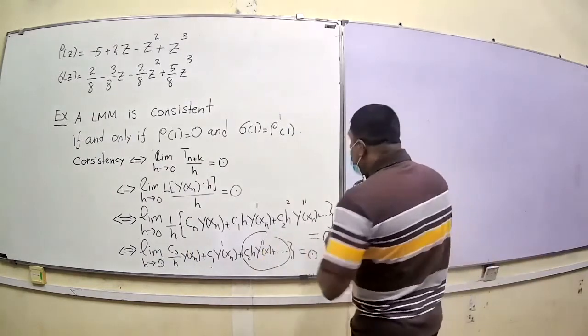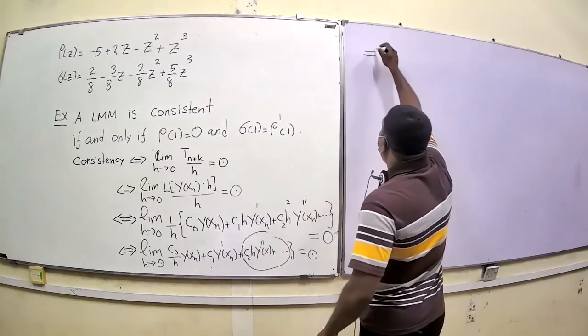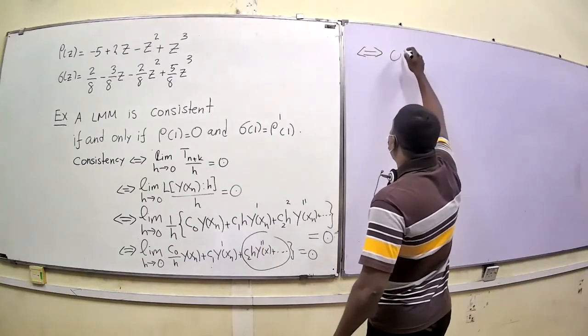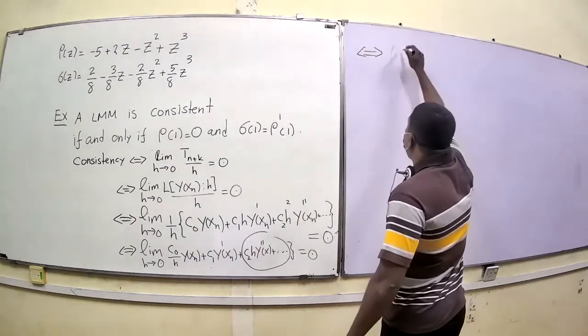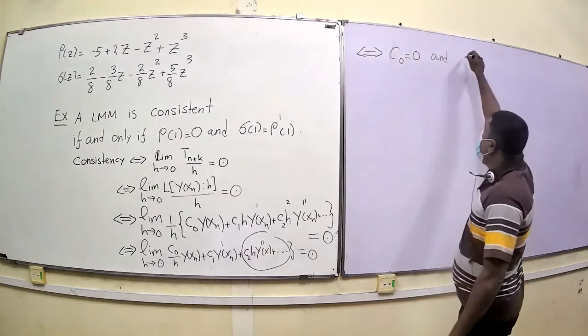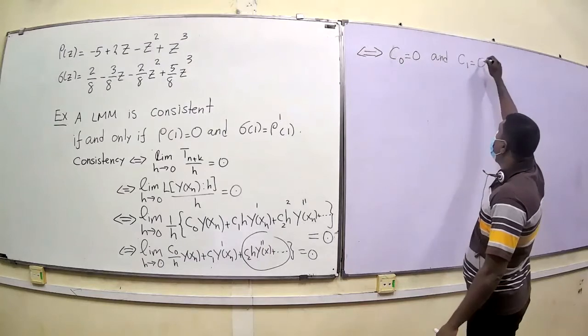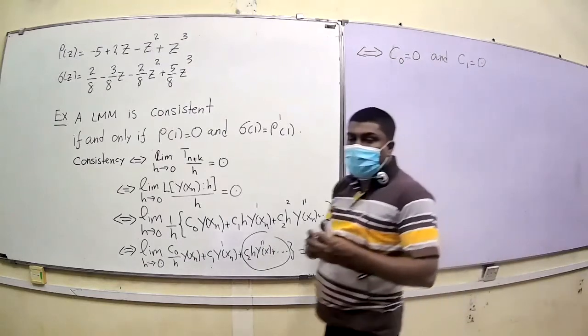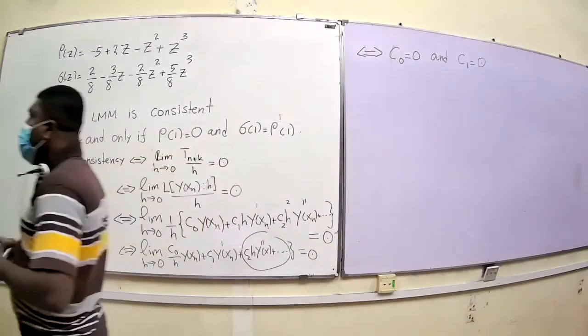So if you want this limit to be 0, then you should have C0 equal to 0 and C1 equal to 0.